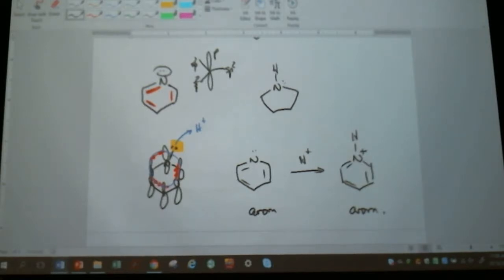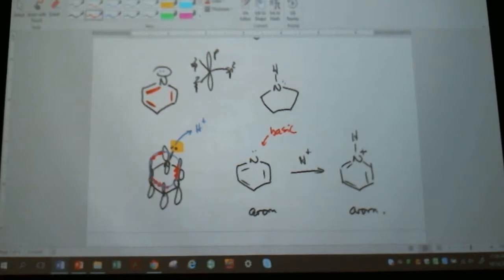So the question is, can that nitrogen attack a proton or not? I'm never saying that nitrogen is a proton. So is it basic or not?